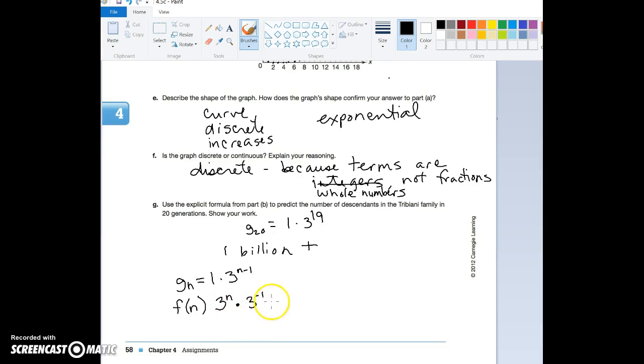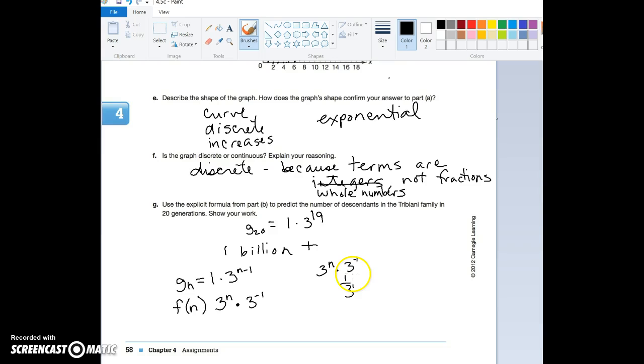Now what I need to do is get rid of my negative exponent, and you may or may not have learned this, so I want to make sure that you are exposed to it. 3 to the n times 3 to the negative 1 power is really the same as 1 over 3 to the first power.